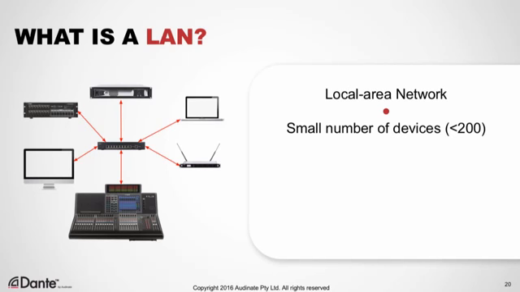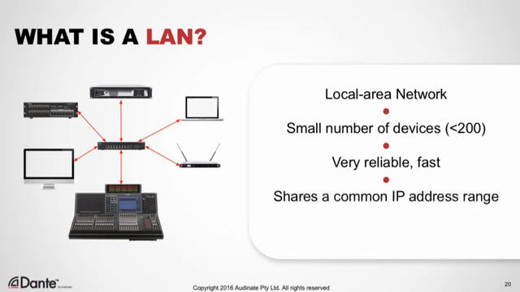Devices on an Ethernet LAN share a common IP address range, which allows all devices to freely communicate with one another to send data and share resources. On a wired Ethernet LAN, speeds are very high, and reliability is excellent. Typical Dante installations are always on LANs, as are other networked audio installations.